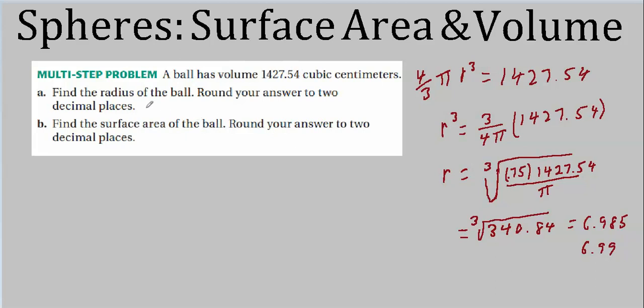Remember that one? We had that just in a previous problem. We had that S times R over 3 equals the volume. Well, so we can write that our surface area, which is 1427.5, that's not the surface area, that's the volume.